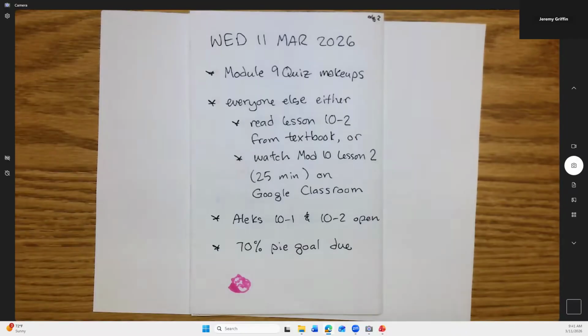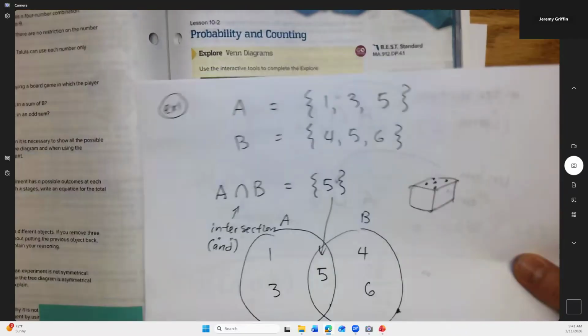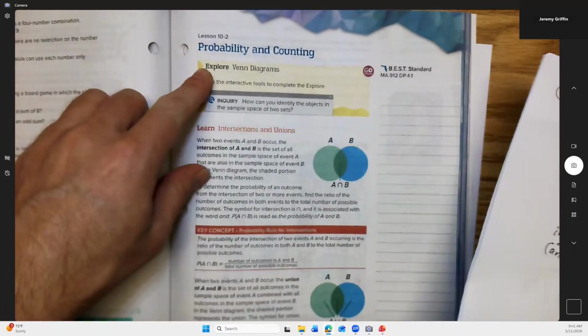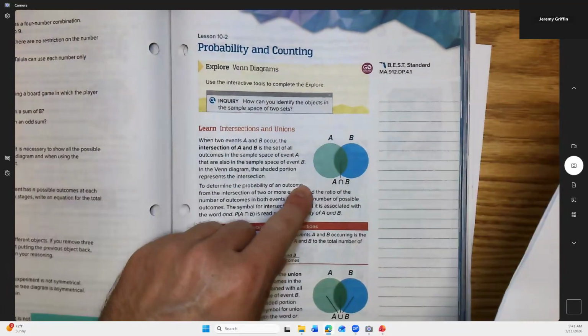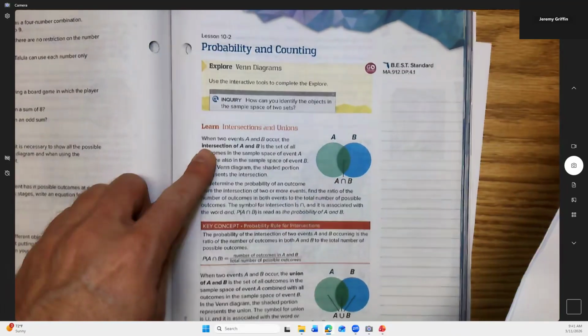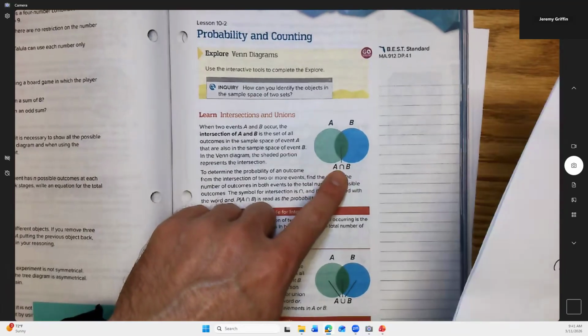But what is 10.2 about? Here, let's do a brief review. Here are the notes of the 25-minute video. It has to do with probability counting. You guys have seen Venn diagrams? The part where it overlaps is called the intersection. Do you see this upside-down U symbol?